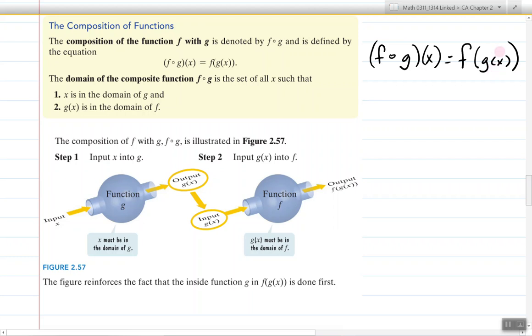If you look at this drawing, which kind of tracks what goes on, you have an input x. It goes into the inner function, g, and out comes g of x. That turns into the input of the f function, and then finally you get output again. We will talk more about domain of this at the very end of the lesson.